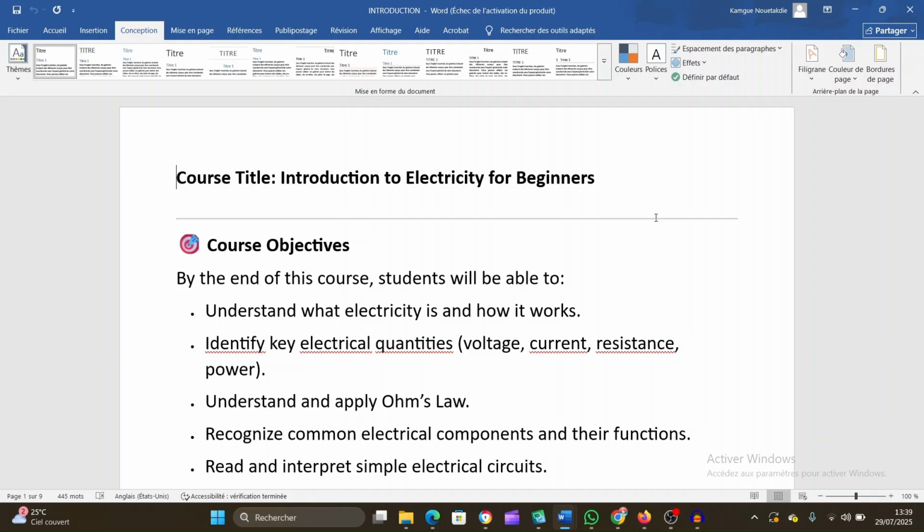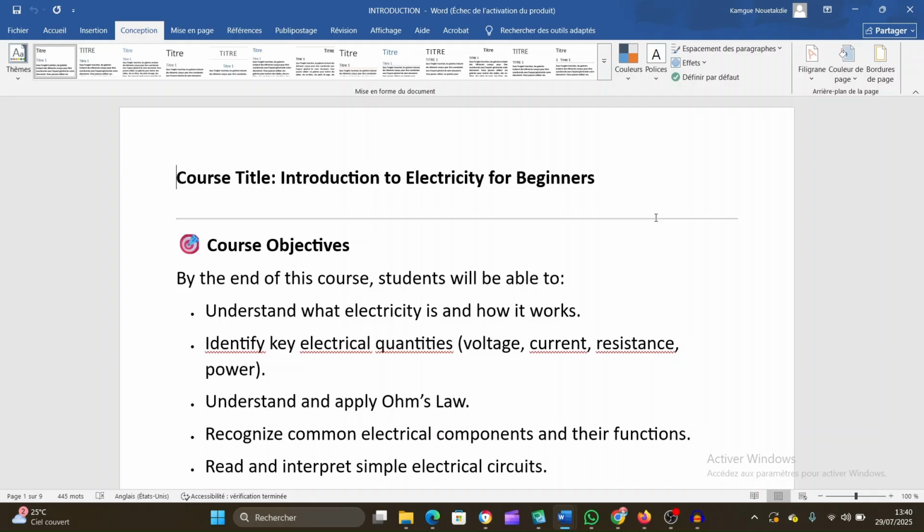So this course has objectives. The objectives of the course, we have about 6 of them, or not to say 5. By the end of the course we are now starting, you learners or you beginners need to be able to, first of all, understand what electricity is and how it works.